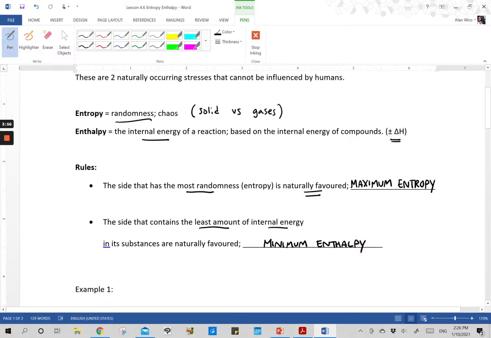So we want to find the side that has maximum entropy and the side that has minimum enthalpy. Both these sides are naturally favored, and the reaction will naturally shift to those sides.